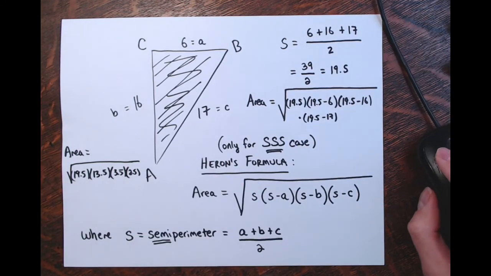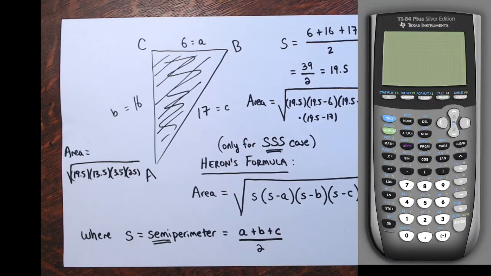So I'll pull my calculator up. And big square root, and again, make sure all of this is inside the square root symbol. And we have 19.5, that's the semi-perimeter, times S minus A, which is 13.5, times S minus B, is 3.5, finally times S minus C, 2.5, right?